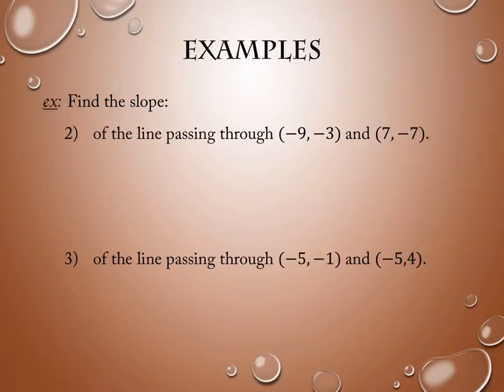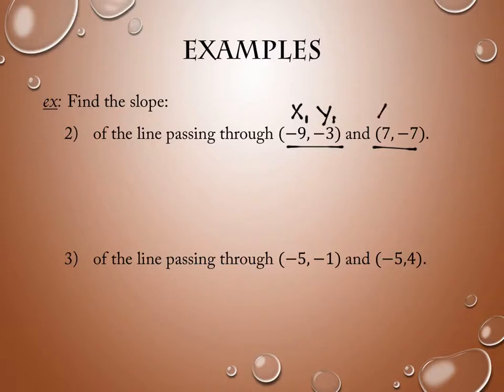All right, so let's take a look at another one where we have no graph given and we only have ordered pairs given. Here we're asked to find the slope of a line that passes through a couple of different points. The points are -9, -3, and 7, -7. Now it doesn't really matter how you label as long as you're labeling in pairs. So if I decide that -9 is x1, then that means that -3 is y1.